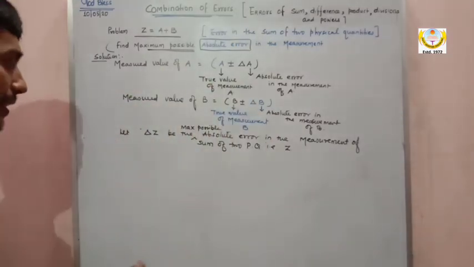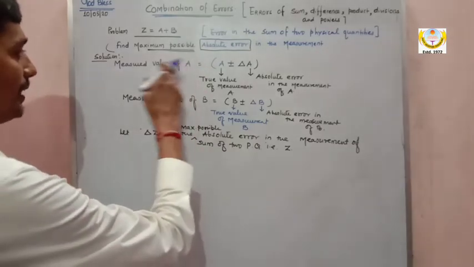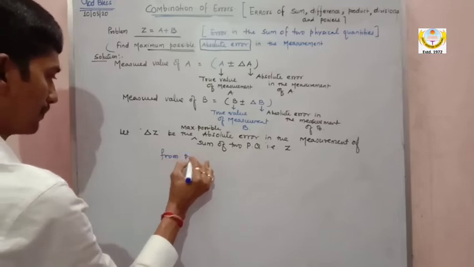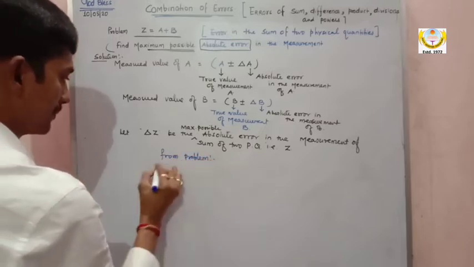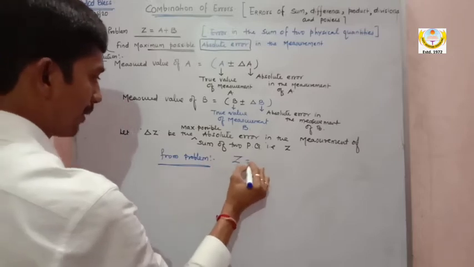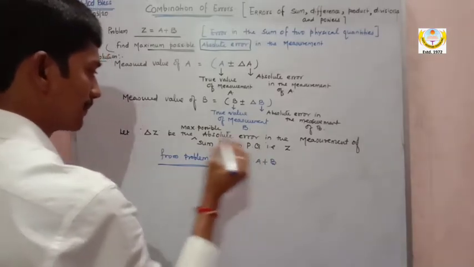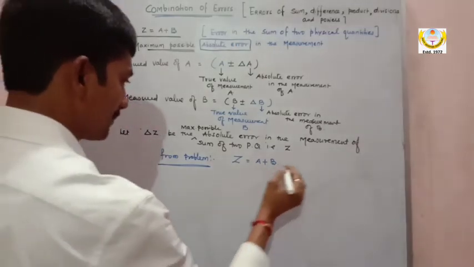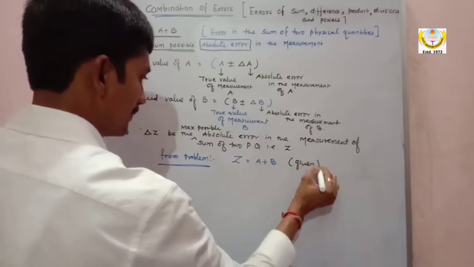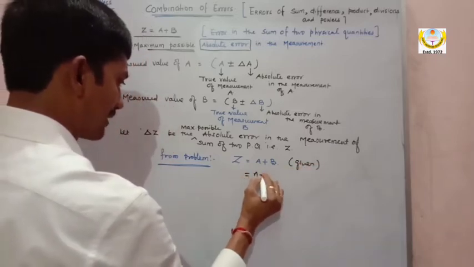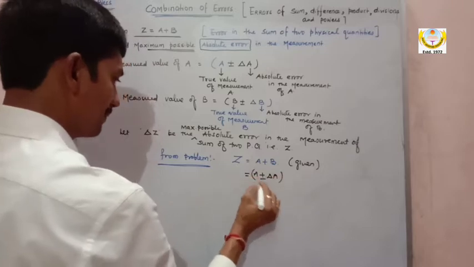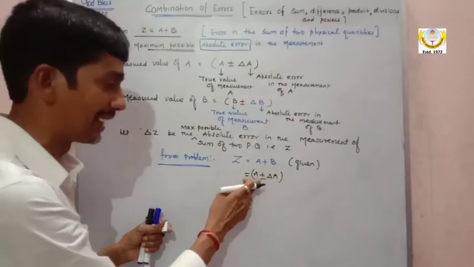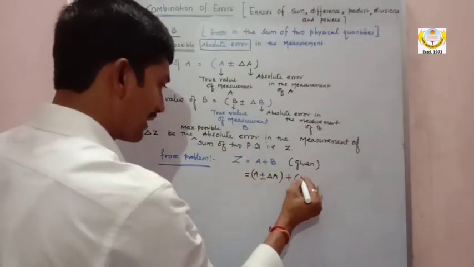So now, my dear, you can see A is so much and B is so much. From the problem, Z is equal to A plus B. But my dear, when solving, this is given, so this can be written as A plus minus delta A. When I measured A, I got the true value and the error in that quantity.